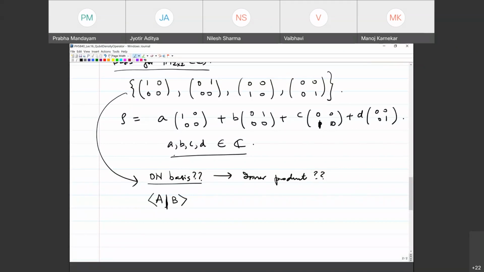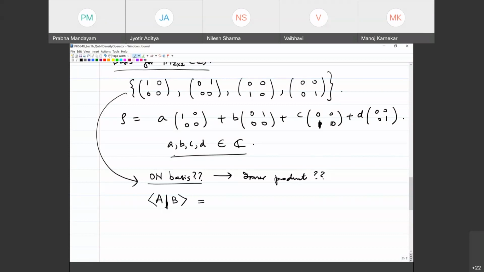What would be a good inner product for this? How do I take two matrices and get a number out of it becomes the question. What is a good inner product for this?